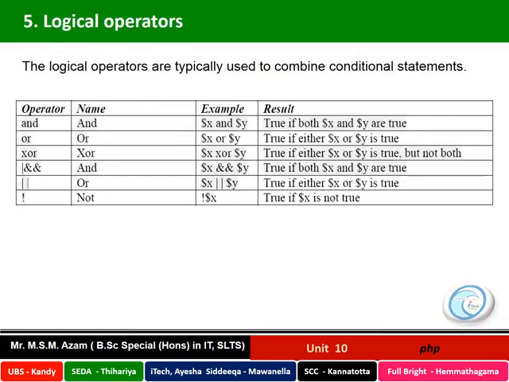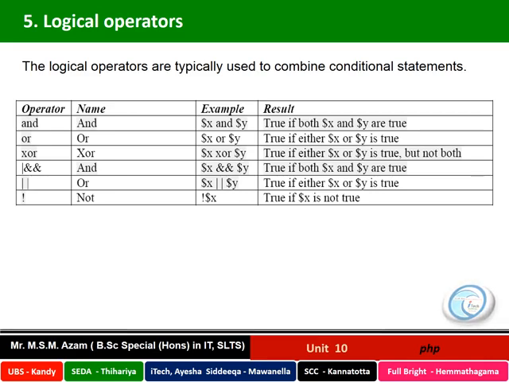Then the last type of PHP operators is logical operators. The logical operators are typically used to combine conditional statements. We have discussed different logical operations under our unit number 4, logic gates and Boolean algebra. Here also we have the same theory.